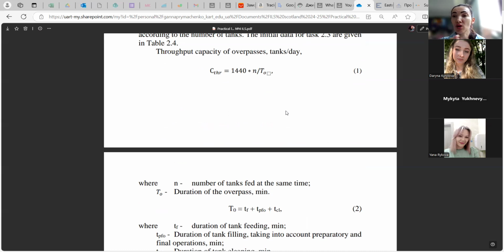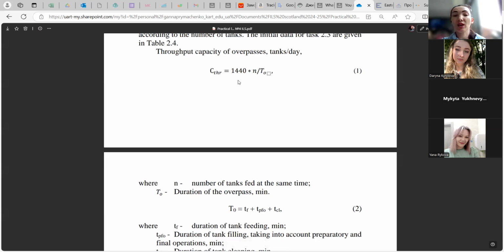So you write on your list or in your document this index THR, throughput, is equal to such parameters for connection from minutes to days.